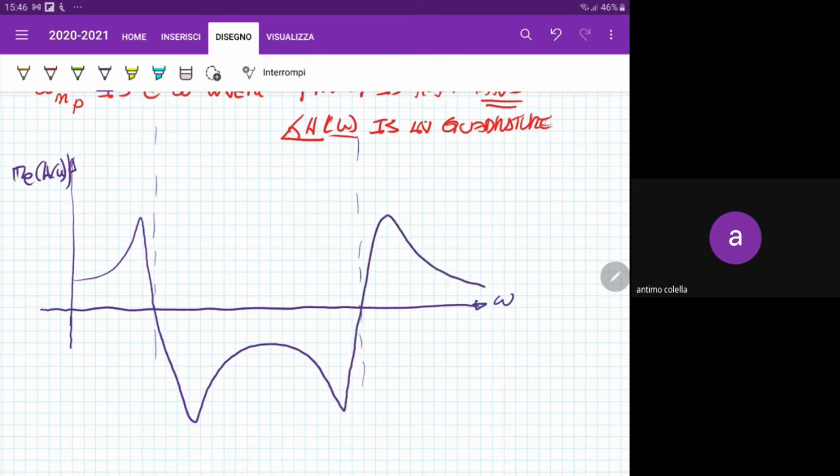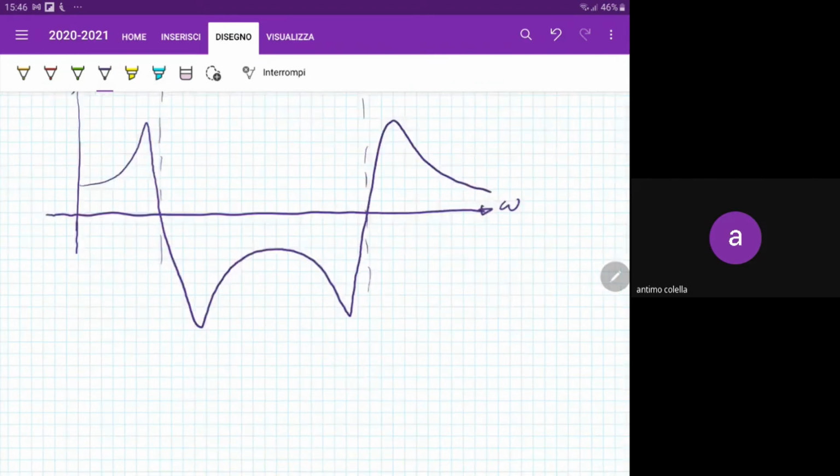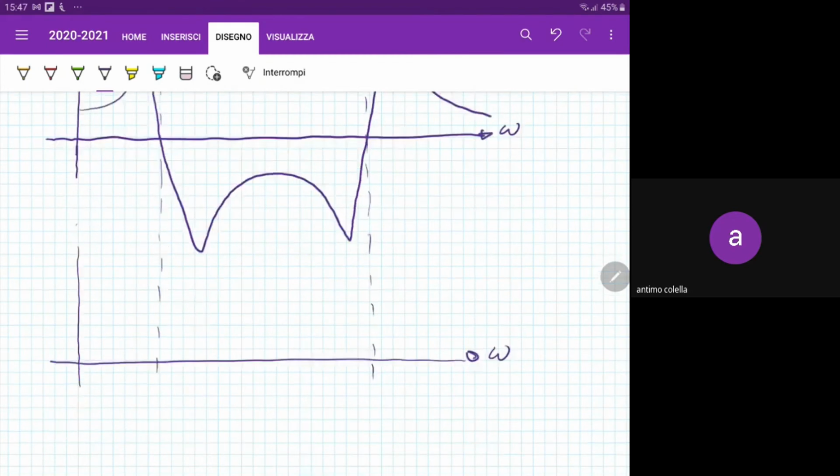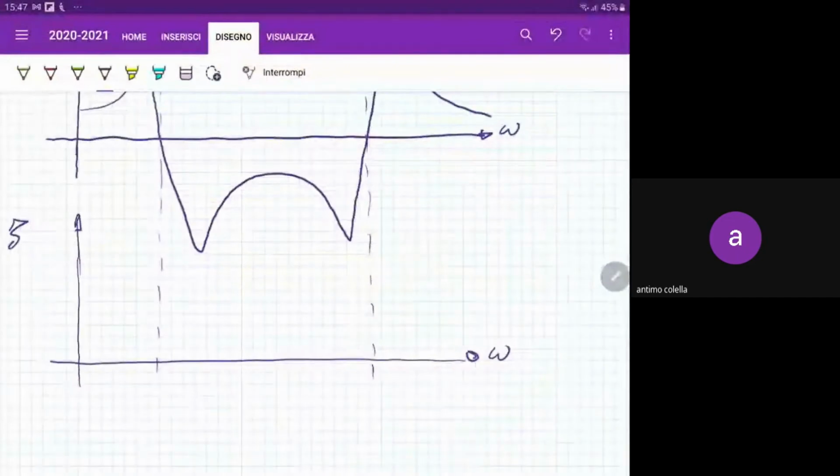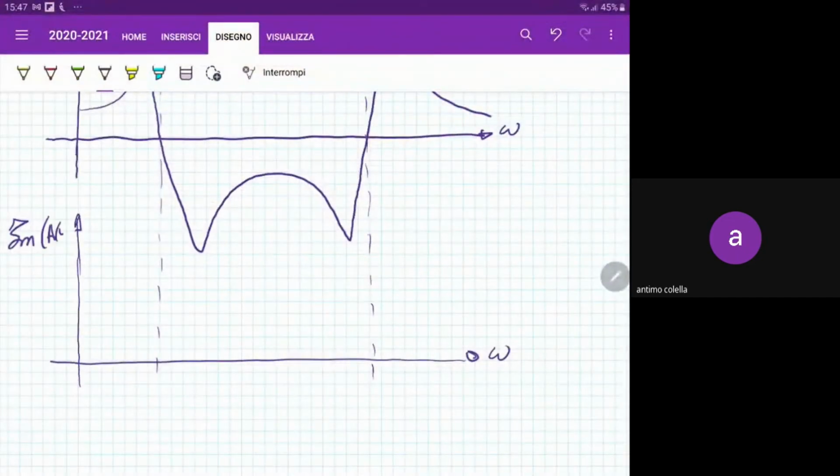For example, like this. Okay, the corresponding imaginary part could be, let's say, when plotting that, something of this shape, for example, this.